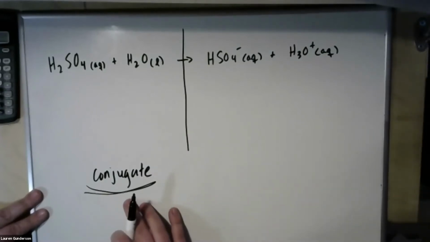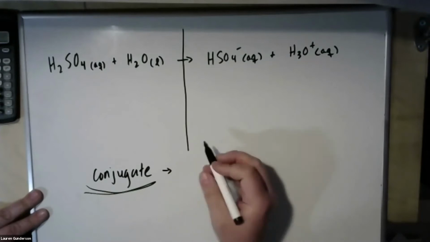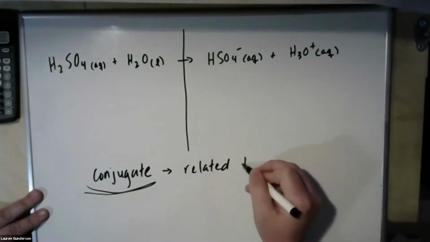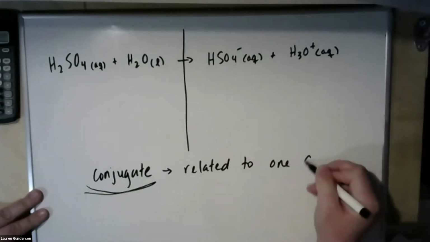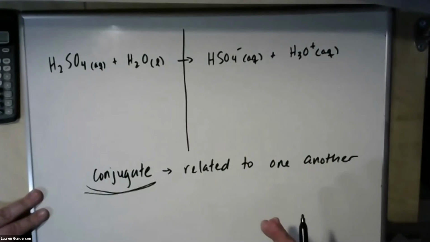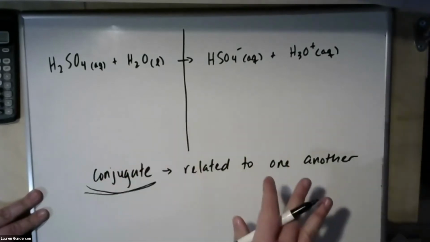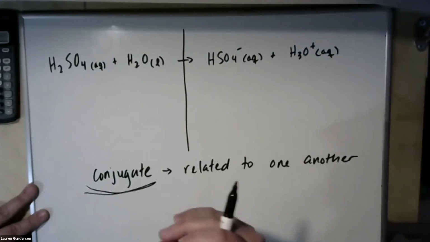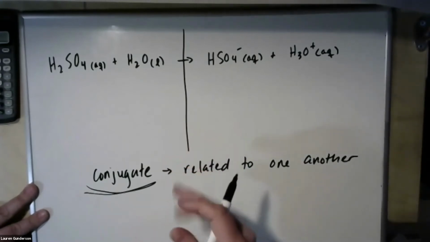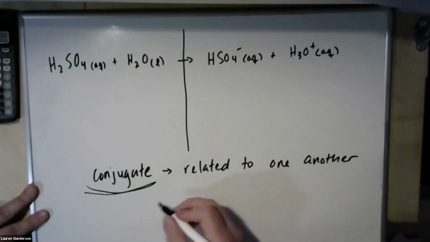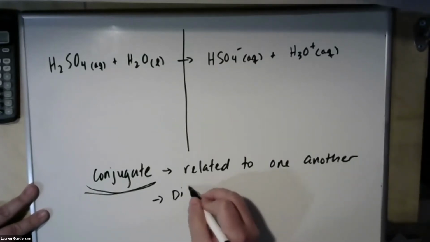One of the definitions of conjugate is things that are connected or related to one another. So conjugate pairs are the components in your reaction that are almost the same substance. What the conjugate pairs differ by is a proton.